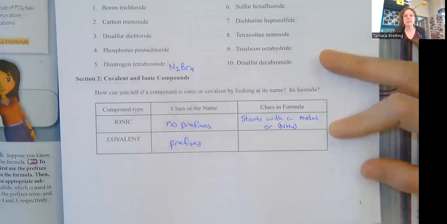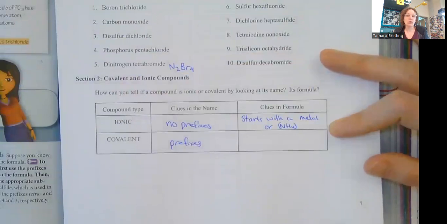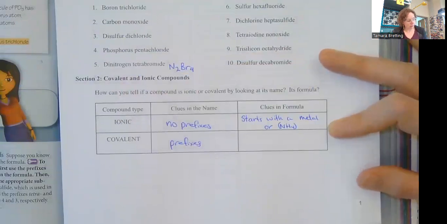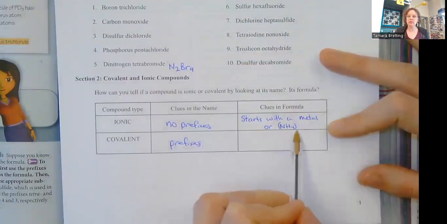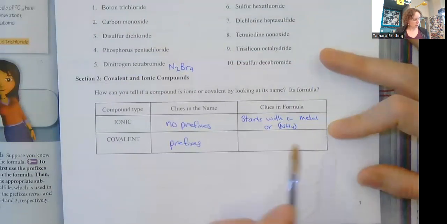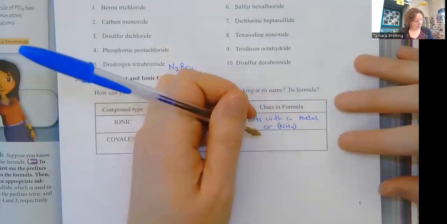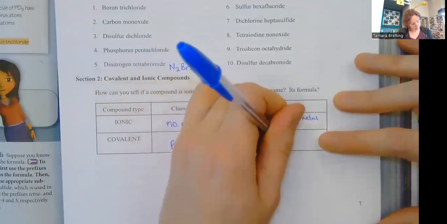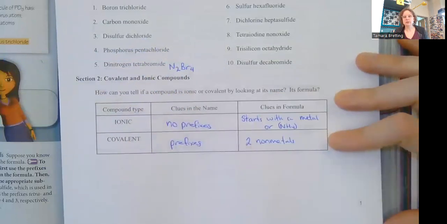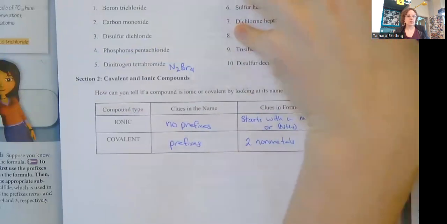Remember, NH4 is ammonium, and that's one of the polyatomics we memorized. It's our only one that's positive. So it either starts with a metal or it starts with ammonium. It might not necessarily be in parentheses, but it'll start with NH4. Covalent, all of our covalent compounds on this activity are going to be two non-metals. Two non-metals, it's covalent.